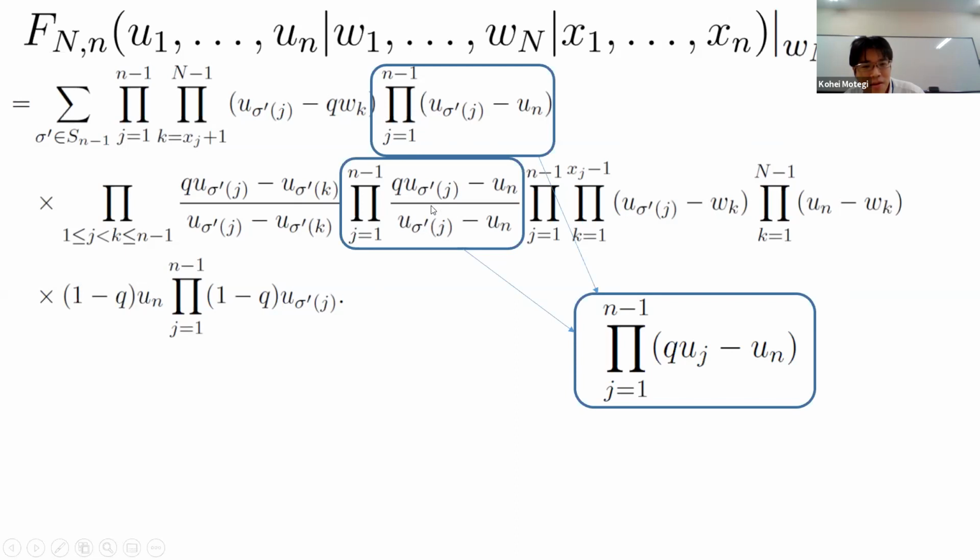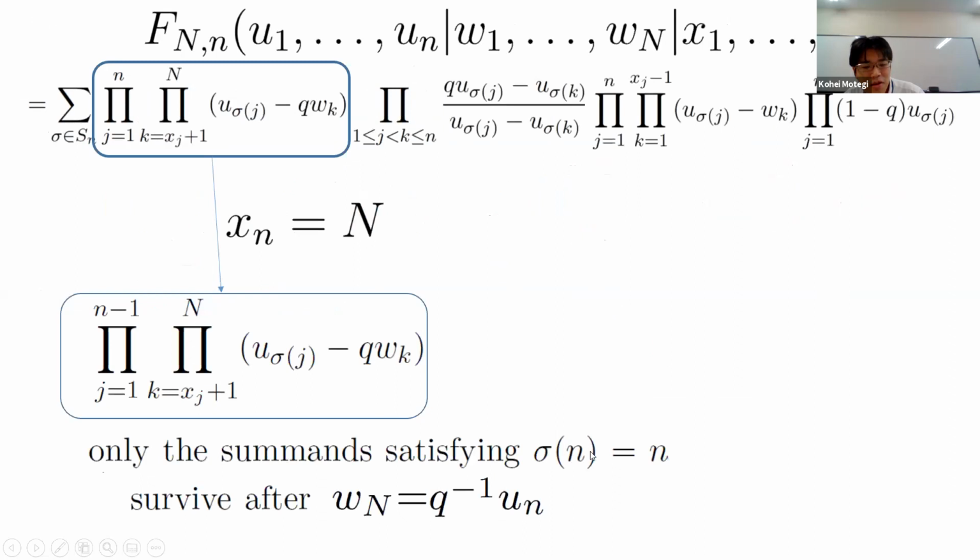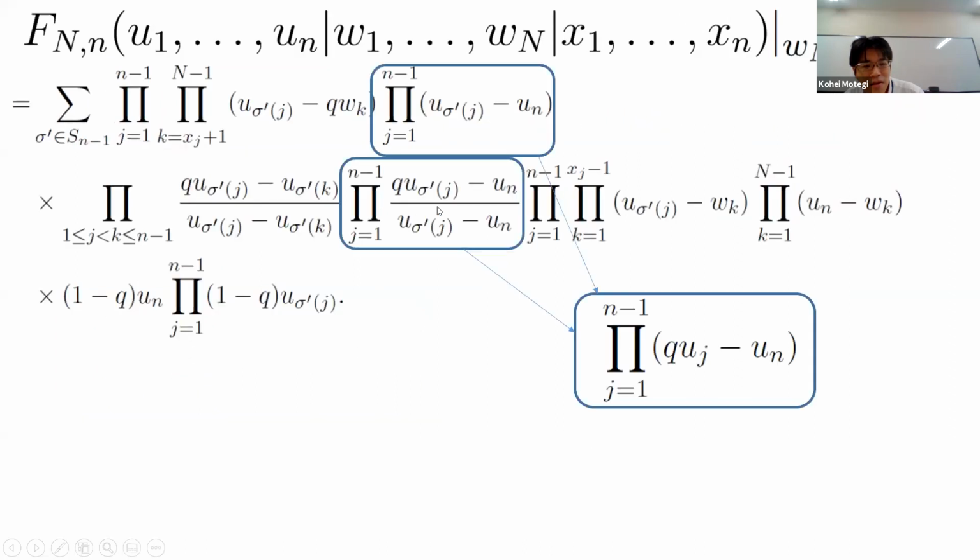And if you look at this numerator, I said that sigma n has to be equal to small n. Then you can see that the product of this numerator actually doesn't depend on sigma prime. And actually it can be written like this.